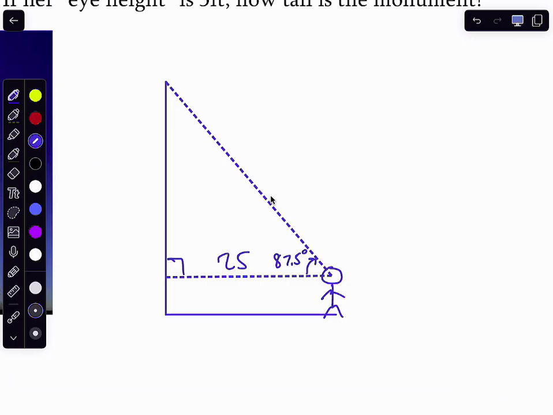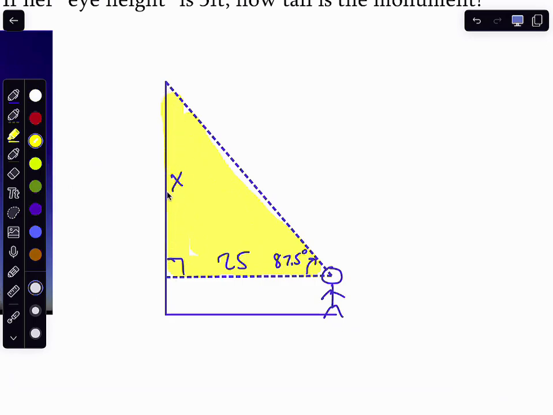Now, I cannot find this one automatically. I'm looking at this one, so I'm going to shade this triangle in here so that you know what we're dealing with. That X has to do with that triangle. It's not the answer to our problem, okay? The answer to our problem will be easy to find once we find the X. So that's the height from her eye height to the top of the Washington Monument.